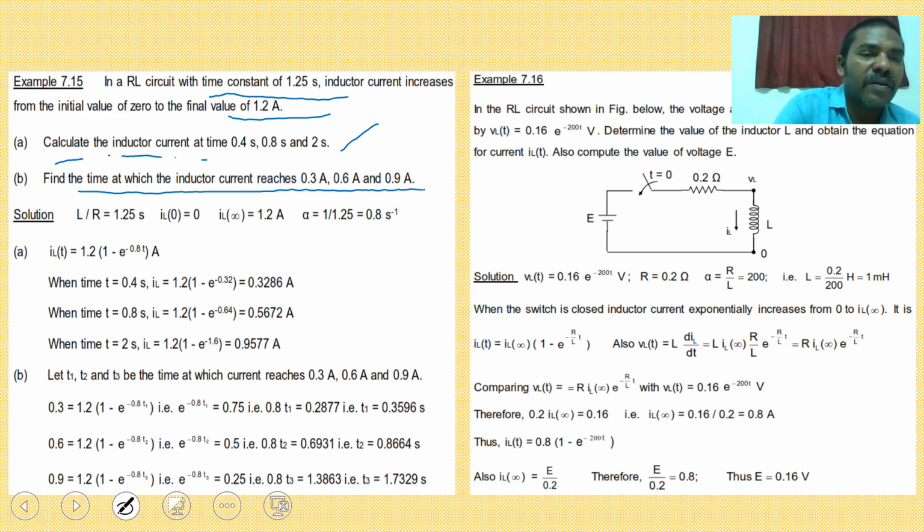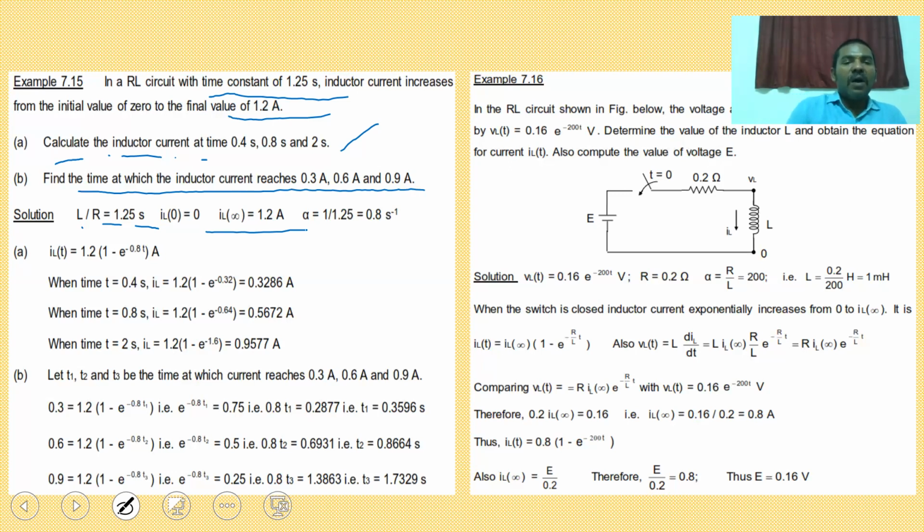Okay. So in the question, the time constant L by R is already given as 1.25 seconds. Initially the current is 0, so it is under relaxed condition. So IL of 0 is equal to 0, and at infinity it reaches the final value, IL of infinity is equal to 1.2 amperes.